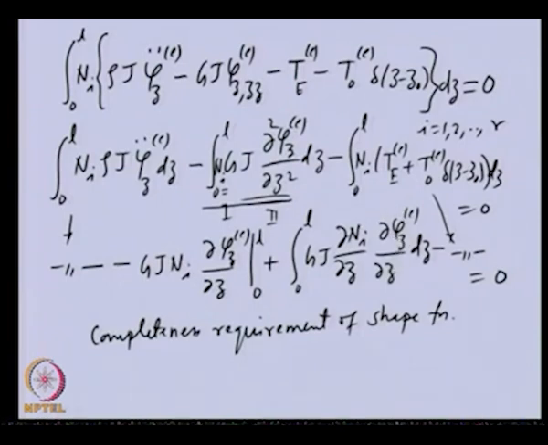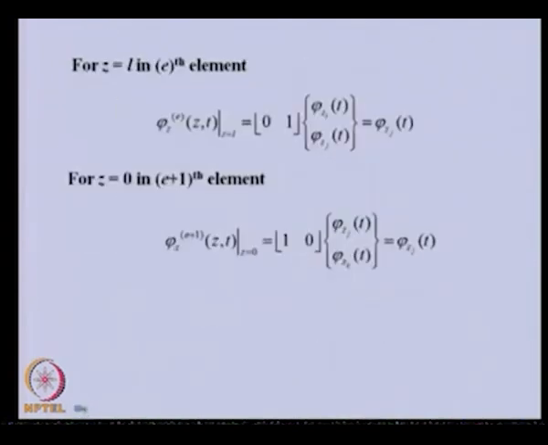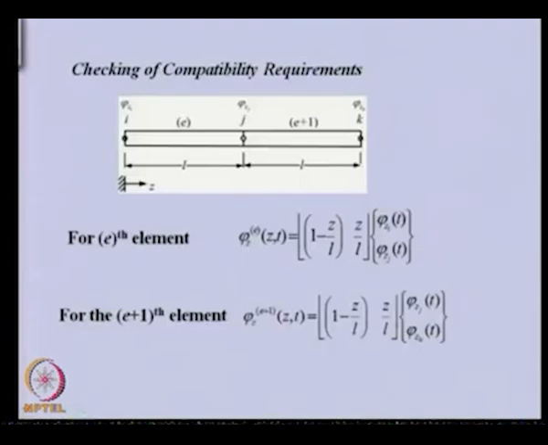So, with this rule of the compatibility condition, let us see how we can check this condition for the chosen shape function. We have two neighboring elements, element E and element E plus 1. The common node is J; this one is node I, then J and K. J is the common node between these two elements.